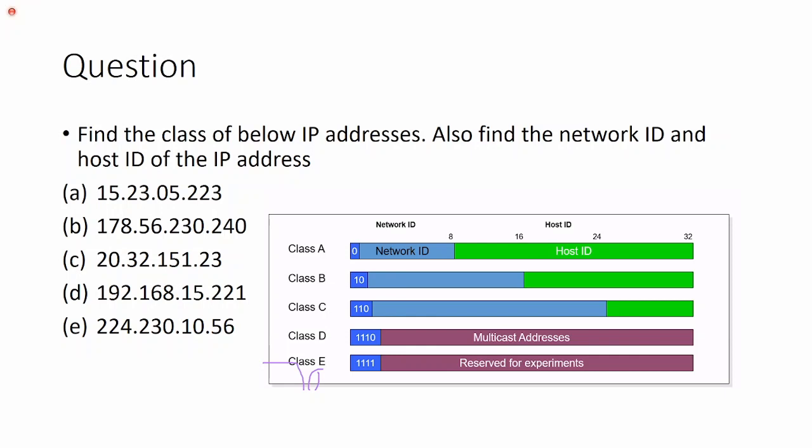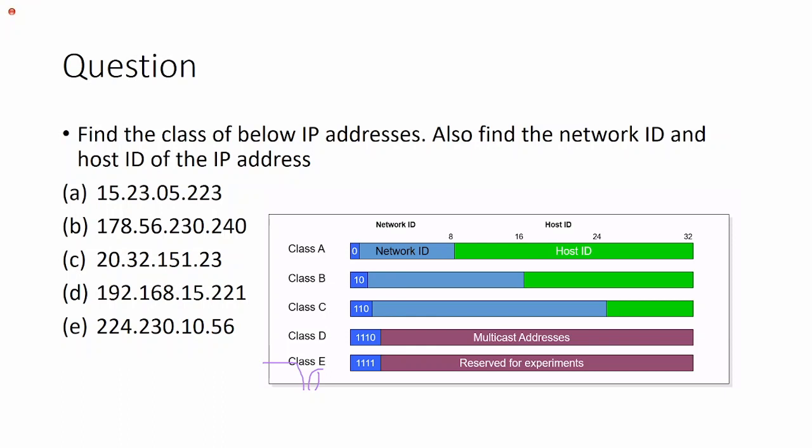How many host IDs are there for you? Class B means how many bits are we using to represent the host ID? 16. So you can go up to 2 to the power 16 host IDs, right? But if your network only has about, let's say, 1,000 computers, what is the problem? Are you using all the IP addresses given to you?